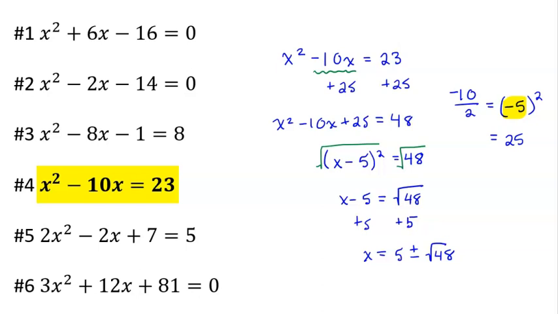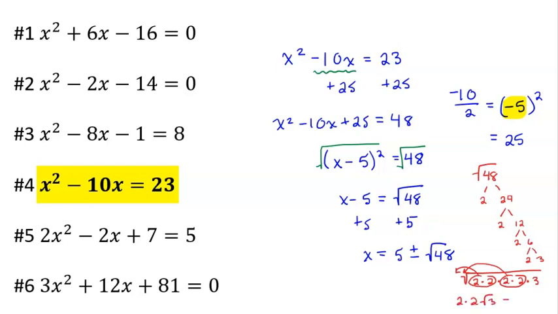So I'm just going to put that over here on the right. I went ahead and broke down 48 into its prime factorization. And then we know that we're going to move a 2 out, and another 2 out. That's going to turn into 2 times 2 times the square root of 3, or 4 times the square root of 3.